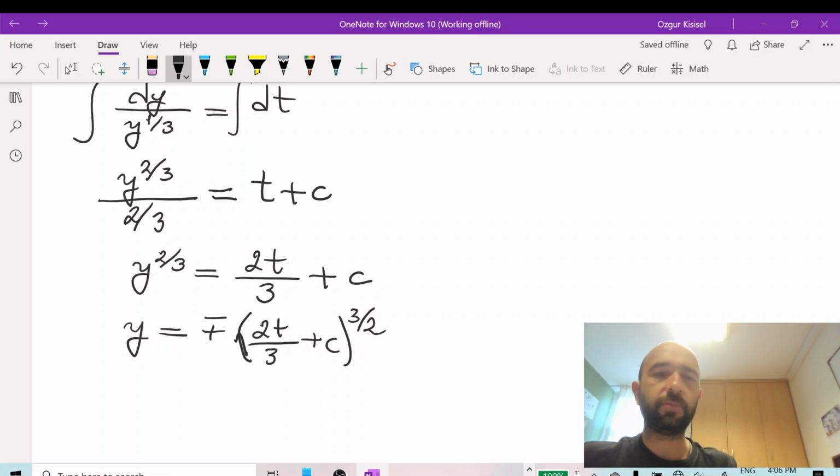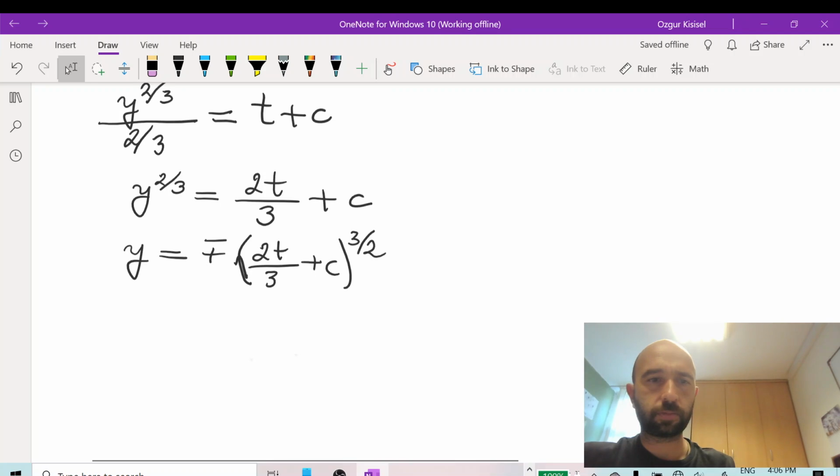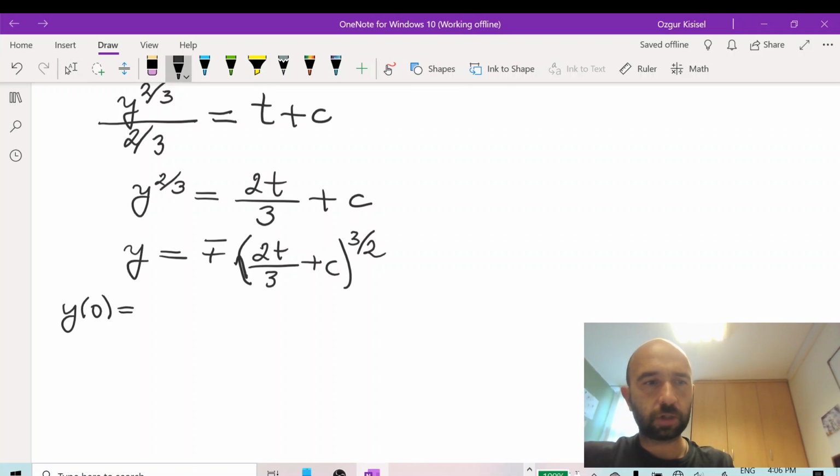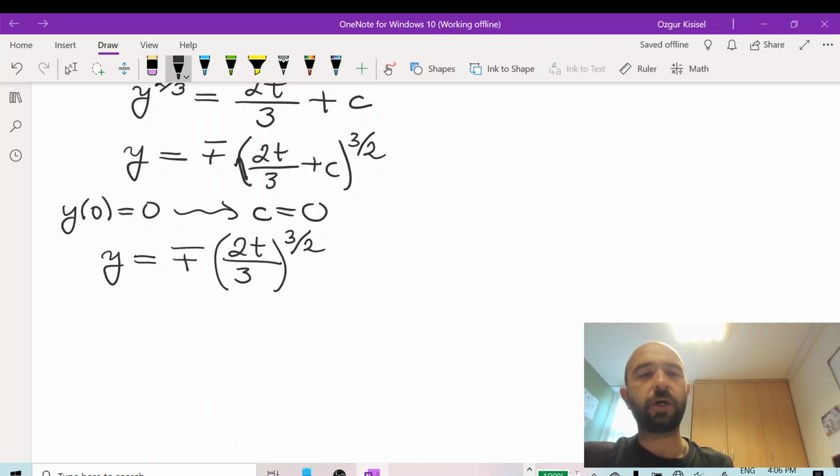Since 2 is an even number, you'll have either plus or minus square root. And y of 0 equals 0 gives you c equals 0. So apparently, we have two different solutions, plus or minus 2t over 3 to the power 3 over 2.